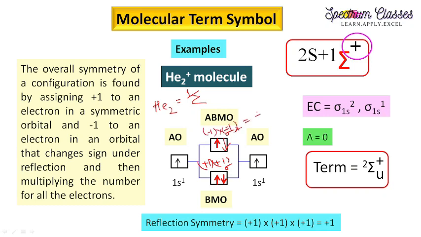So what will you get? You will get plus 1. So this will be gerade, right? And what about the reflection symmetry? For all the electrons we will have plus 1, right? For sigma and sigma star orbitals, all are plus 1. So this is how you can write down your term symbol for the helium 2 molecule. And similarly, you can write down the term symbols for other molecules as well.